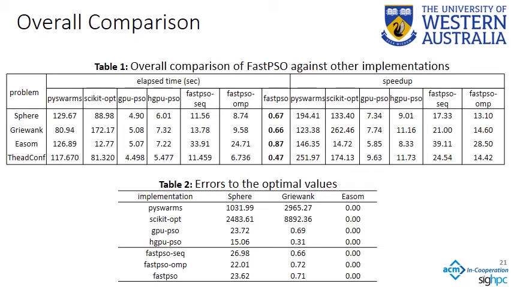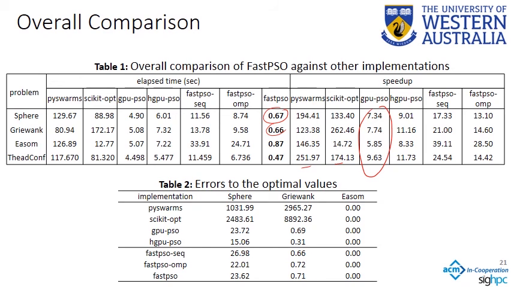As we can see, our algorithm on GPU is almost always the fastest one. In terms of speedup, compared to the fastest GPU baseline, we are 5 to 7 times faster. And compared to the CPU-based versions, we can achieve 100 times speedup.